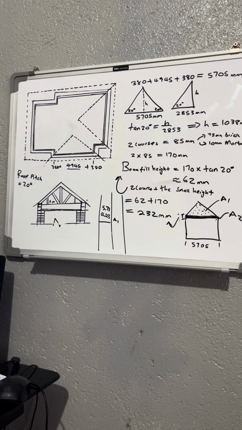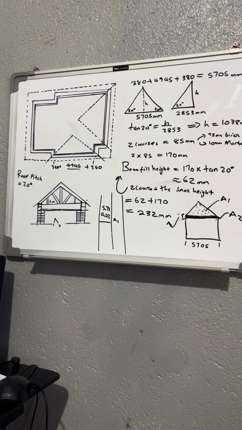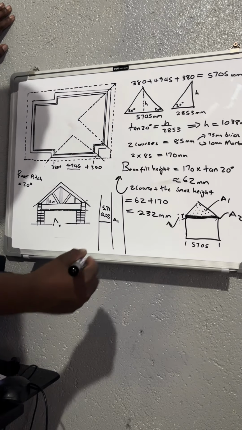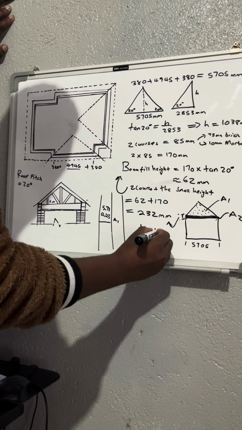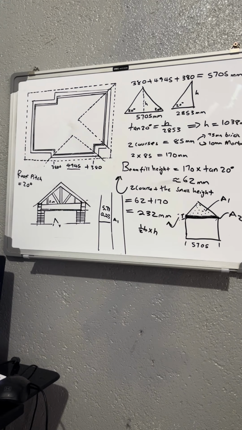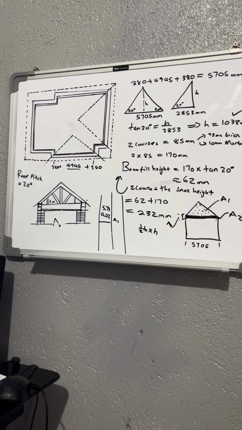So now we move to area 2. How do we measure the area of this? The area of this is half of base times height. The height we calculated is at the top, it's here. Then the base is what?